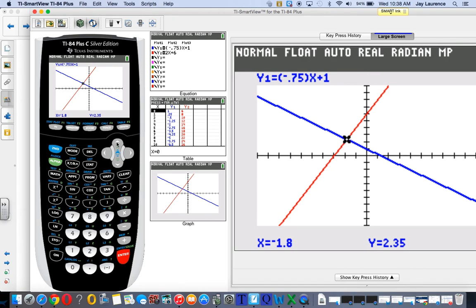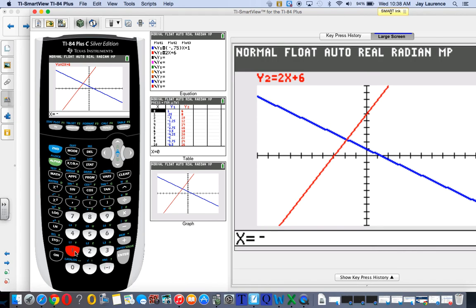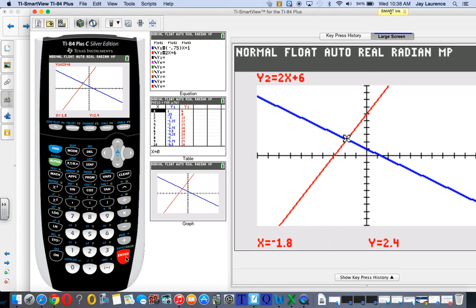Now, let me move to the red line by pushing either the up or the down arrow. Okay, it looks like I get negative 1 and 8/10. And notice it's not quite right. I'm close, but I'm a little bit off. I think that it was telling me the actual place of intersection here. Yeah, I think that might be it. The 2 and 36/100ths repeating.